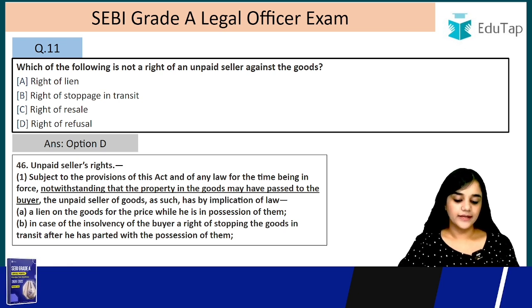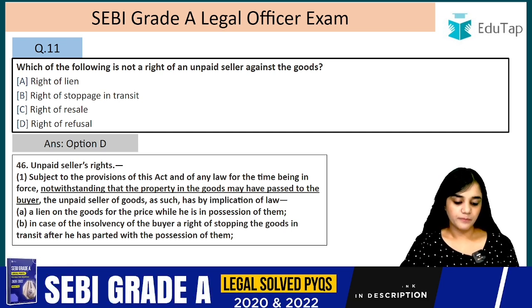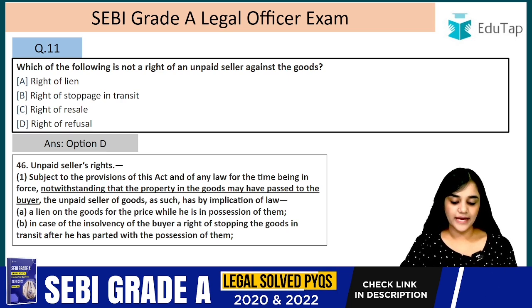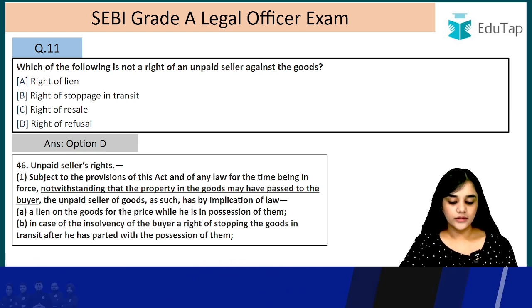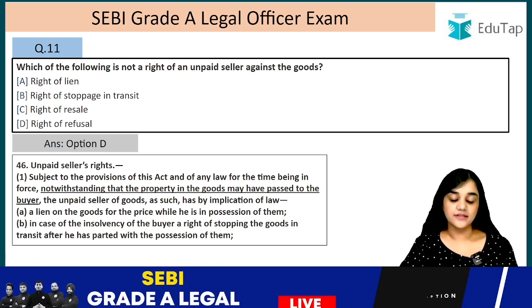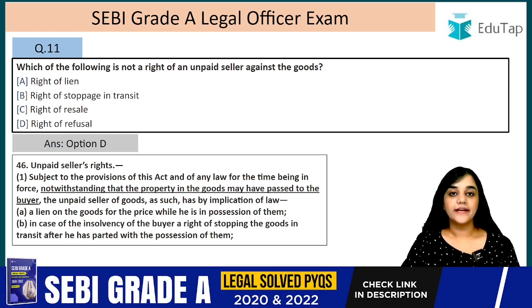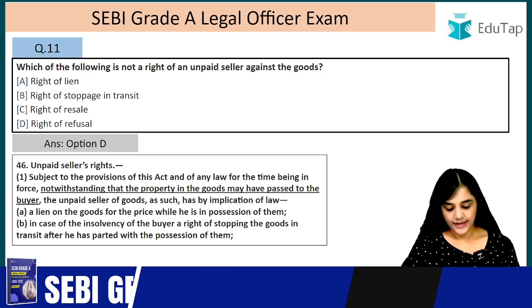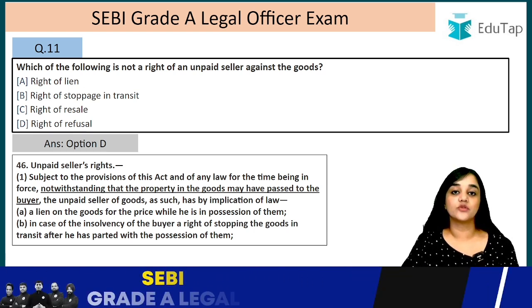The unpaid seller of goods as such has, by implication of law, certain rights. So what rights does he have? A lien on the goods for the price while he is in possession of them. He has the right of lien, right? What is a lien? A legal claim or right made against assets that are held as collateral for the satisfaction of a debt.